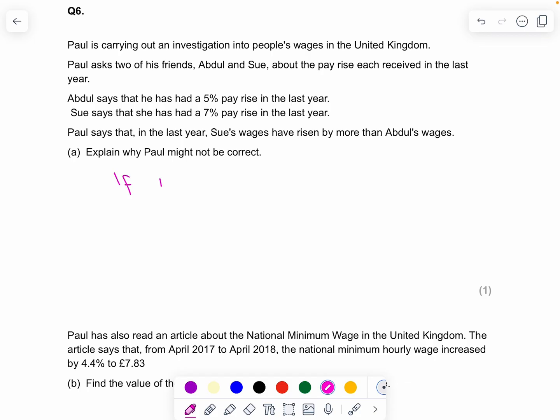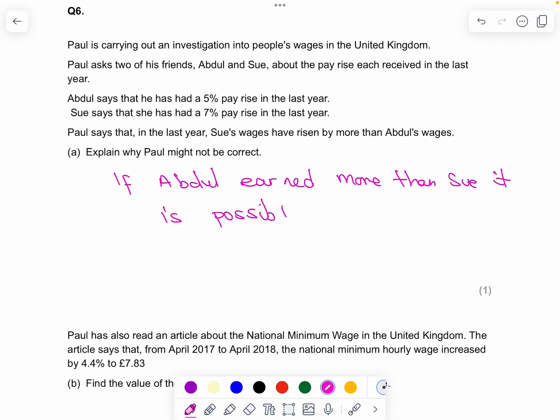So if Abdul earned more than Sue, it is possible his wage increased by more. Okay, so we don't know what they both started with. Abdul could have earned more than Sue, and so his wage increase would be more.